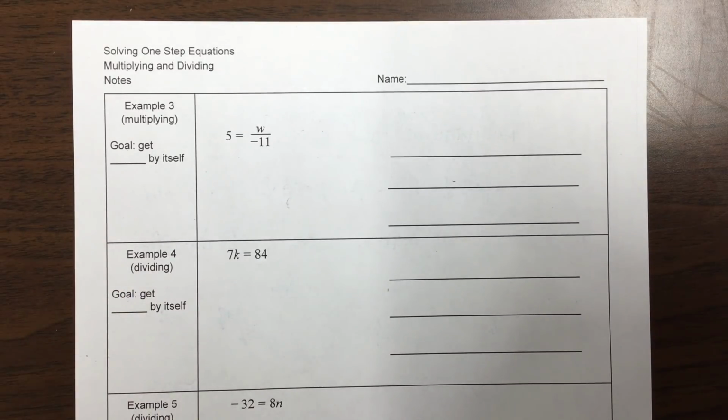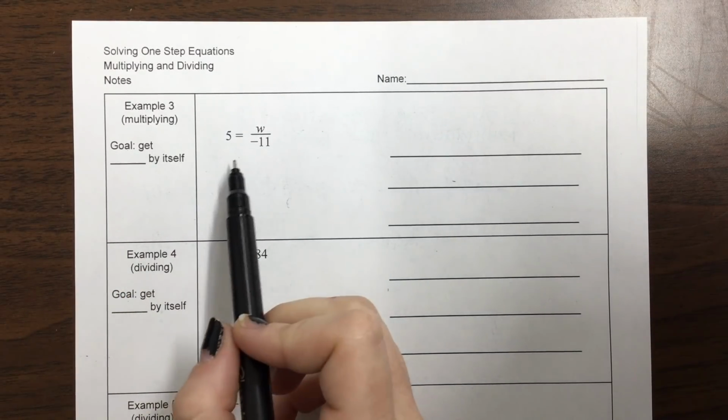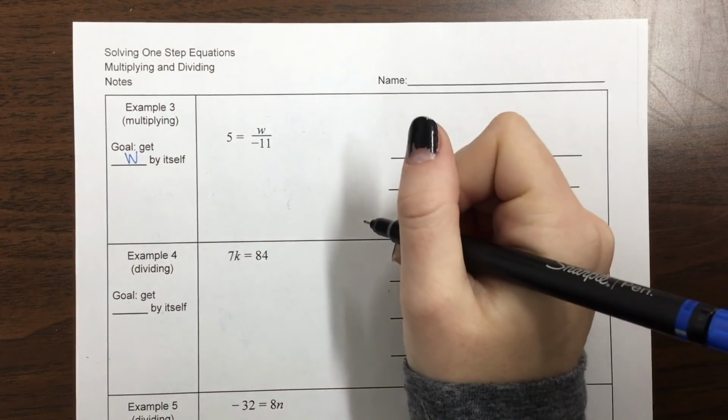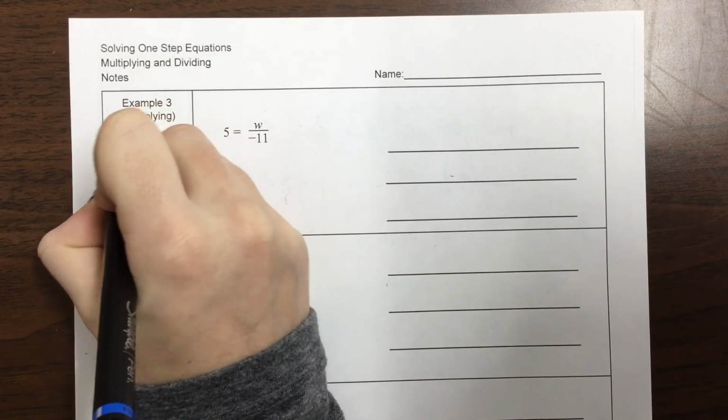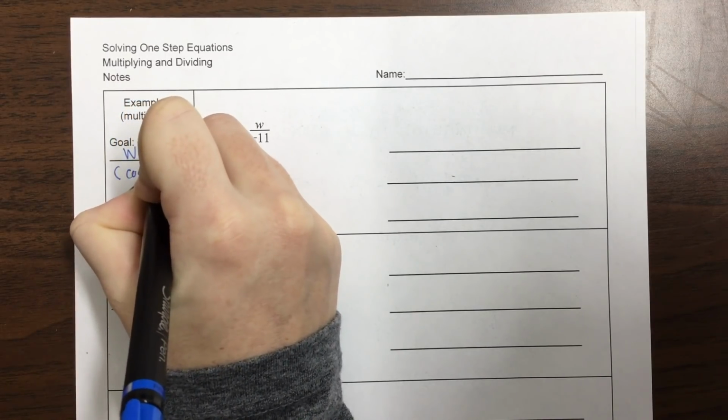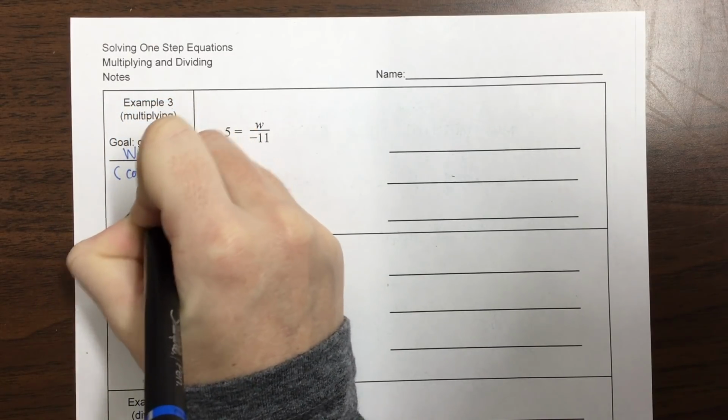Line it up. All right, again, I'm going to look for my variable. My variable is w. I want to get it by itself, which means I want to have a coefficient of 1. I'm going to write that. Coefficient of 1.